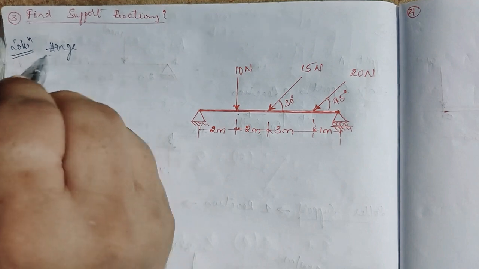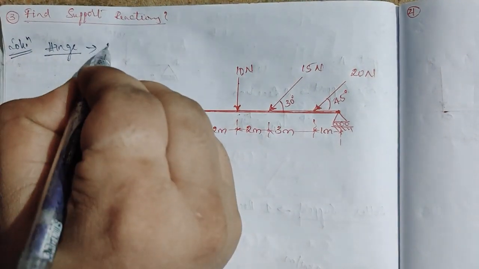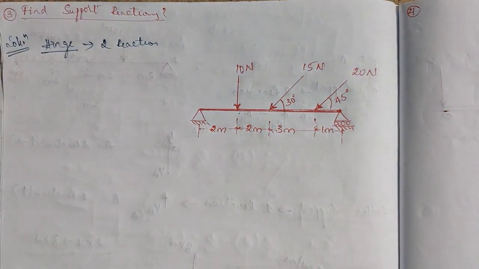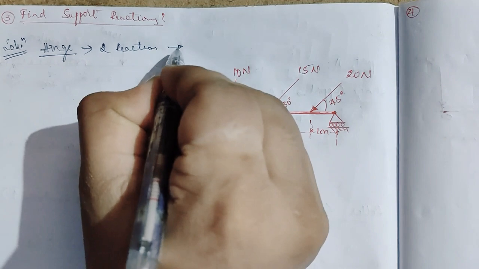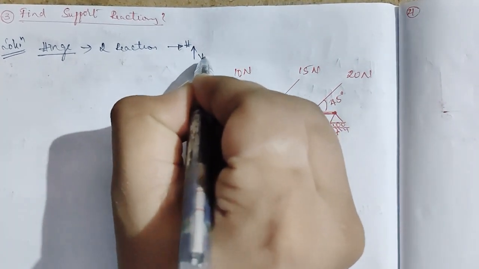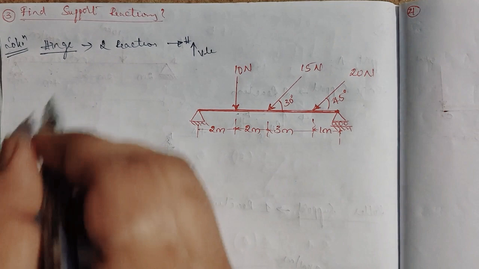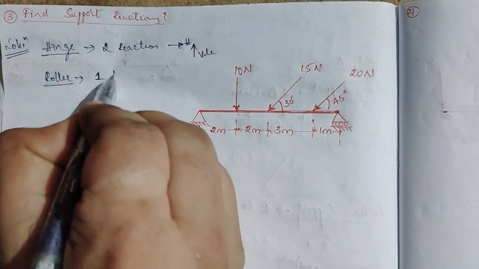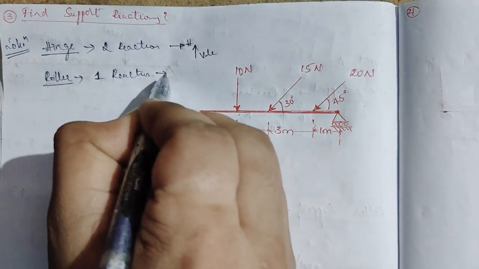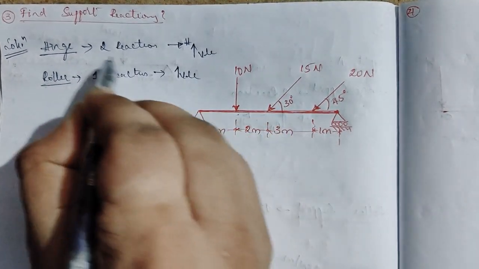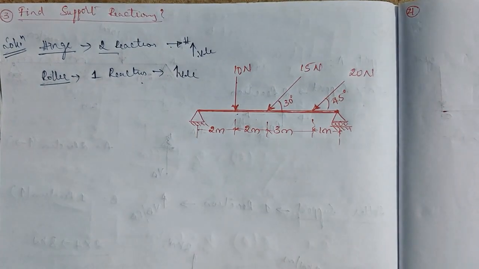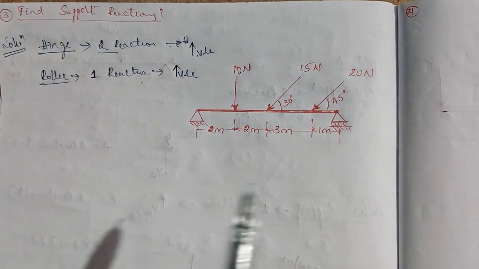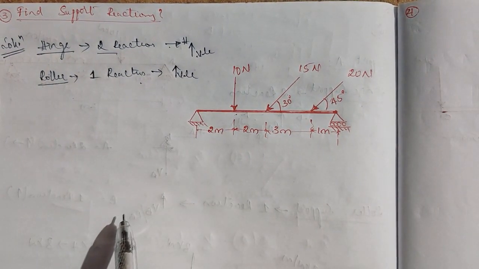If it is a hinge support, what reactions does it have? It has two reactions, one horizontal and one vertical. And the roller support has only one reaction, which is vertical. So the hinge has two reactions, one horizontal and one vertical, and the roller has only one reaction, which is vertical. Now, by considering this, we will go to the problem.